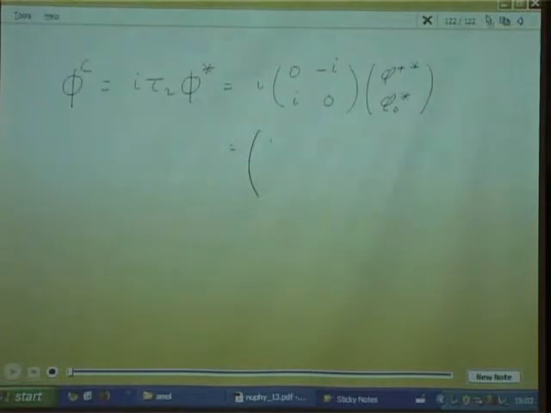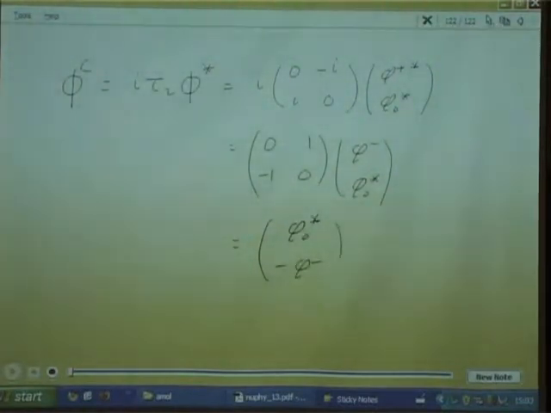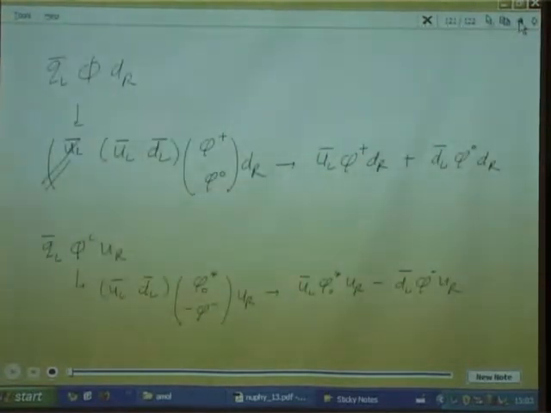So this is 0 1 minus 1 0 times that. Now phi plus star is defined as phi minus and phi 0 star is phi 0 star. So this will give me phi 0 star. So that's something. So there I can write a term like this.